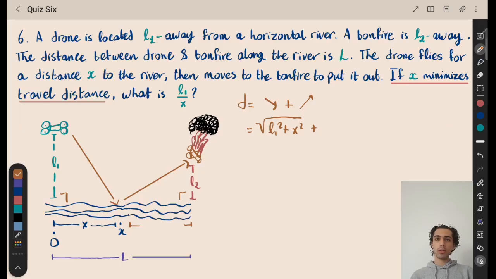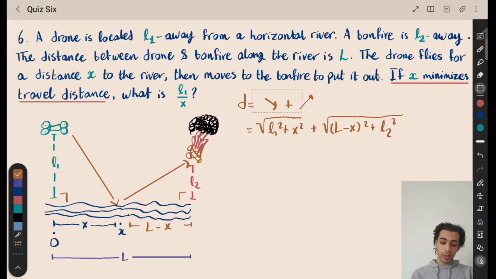You know what this distance is going to be? Yes, it's L minus this x part. We have the square root of (L minus x) squared plus L2 squared. Okay, so we have a function in terms of x.